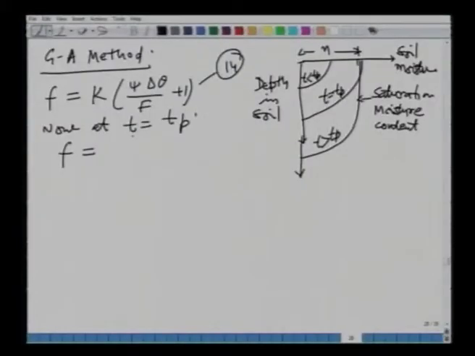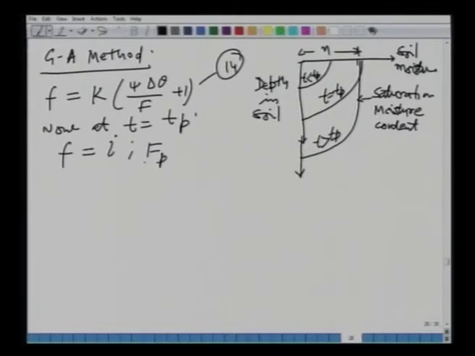Just at the time to ponding, or just before that, what is f? f is nothing but the rate at which rain is falling, right. So, we can say that at t equal to tp, f is equal to nothing but the rainfall intensity, I.